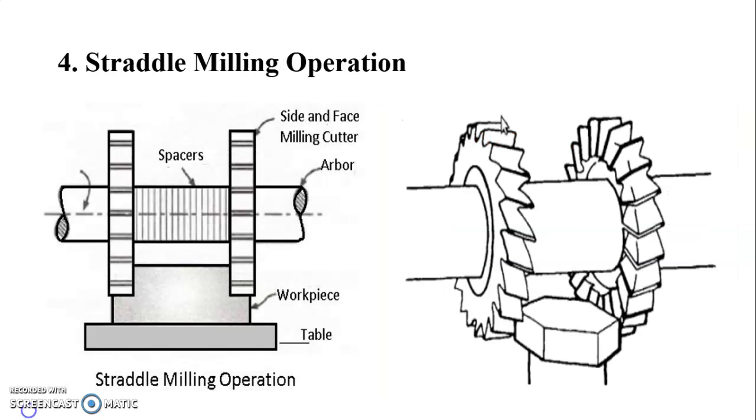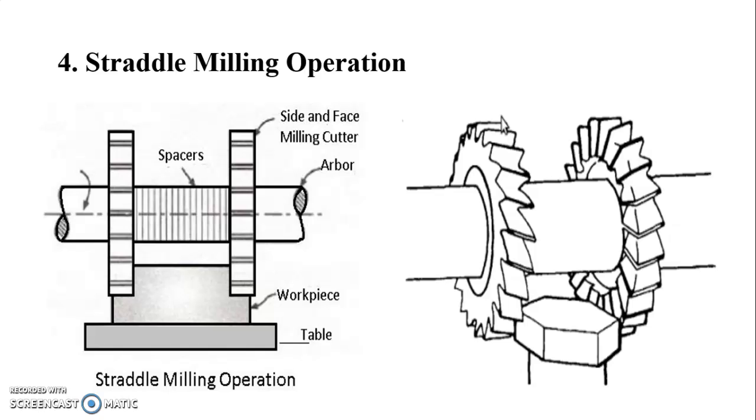Then we will see the next, that is straddle milling operation. So in case of straddle milling, it is a type of side milling operation. So when two parallel vertical surfaces are machined simultaneously by two side milling cutters mounted on the same arbor, the operation is known as a straddle milling.